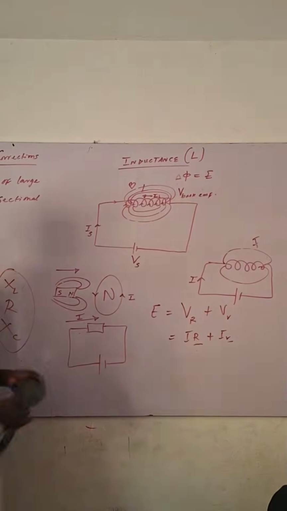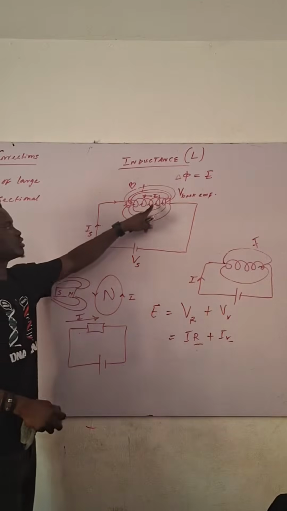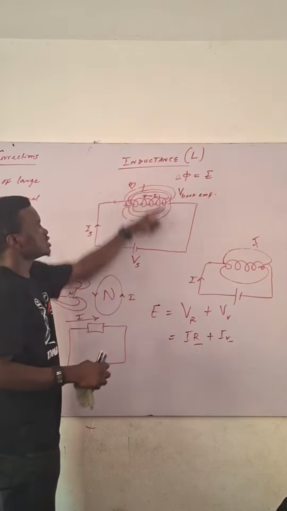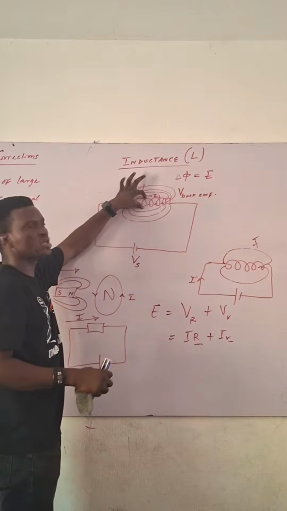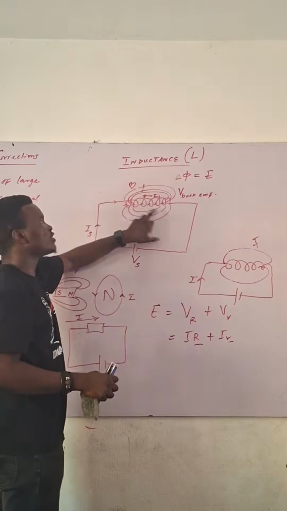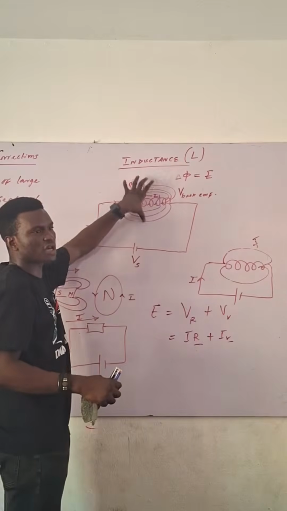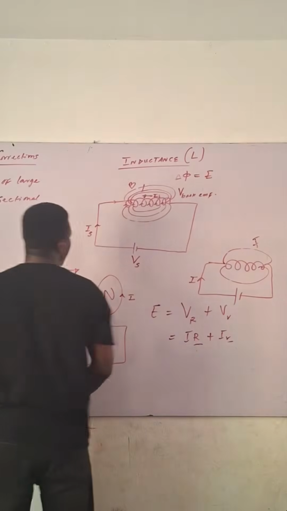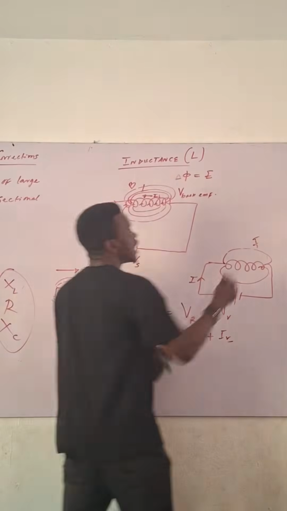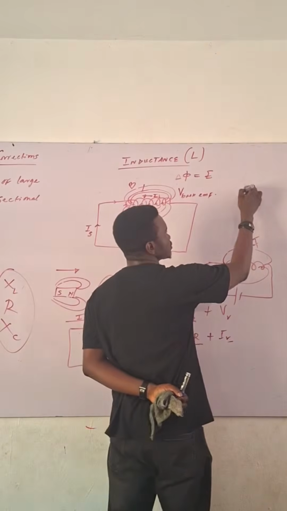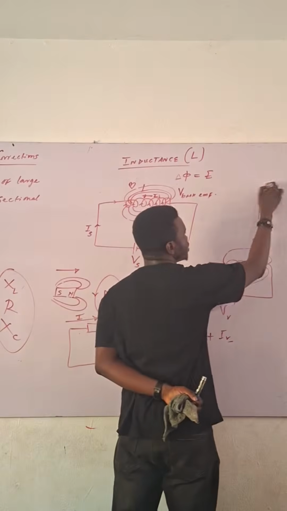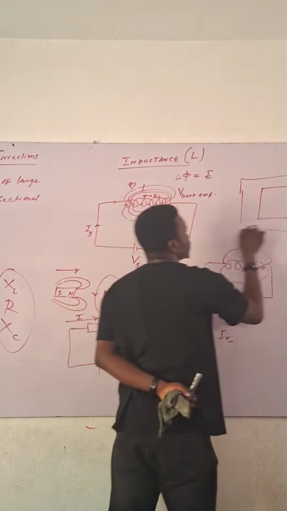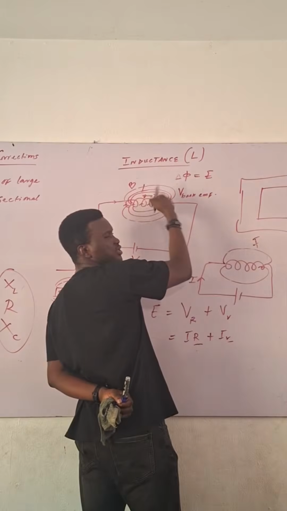So please, now you see what happened here. Because of this thing that is happening in a single wire and the wire influencing itself, we call it self-inductance. Like the other one I did for transformer, in this place there's just a single coil.